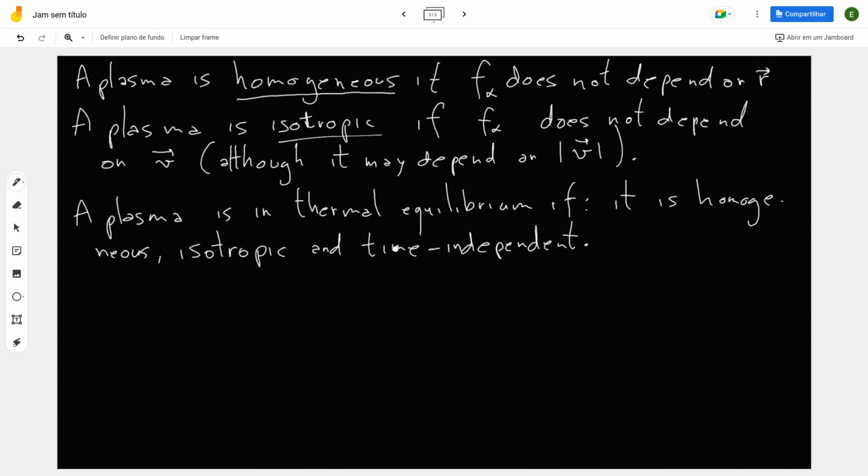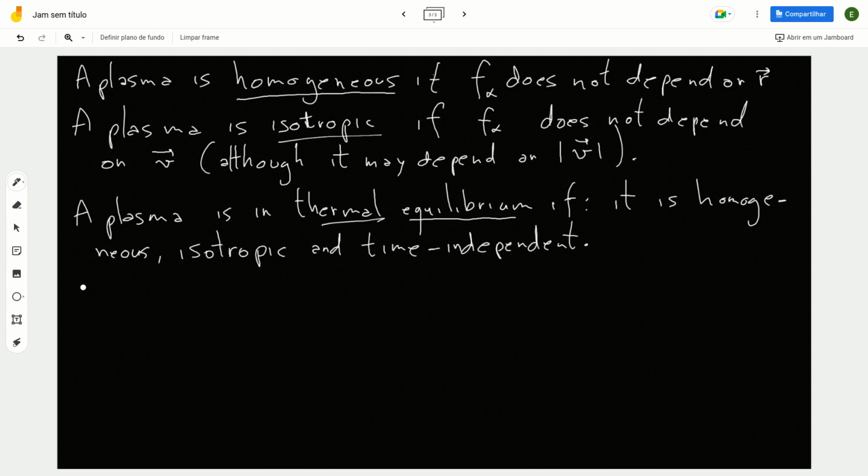Okay, so those three things mean that the distribution f alpha doesn't change with time. So that is a homogeneous plasma in equilibrium, in thermal equilibrium.